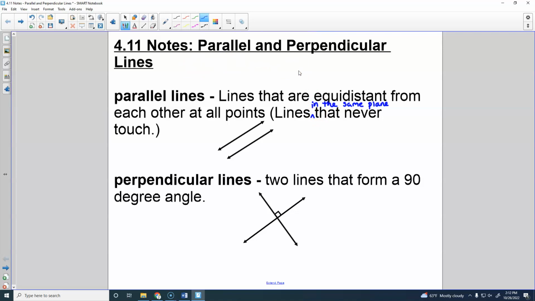When I first came here, I taught mostly all geometry for the first several years that I taught. But then they chopped geometry into tiny little pieces, sprinkled it into Math 1, 2, and 3, and destroyed it. So we do a little tiny bit in Math 1, not much at all. And then we do your trig stuff, most of your triangle stuff in Math 2, and then your circles and some other stuff is in Math 3.